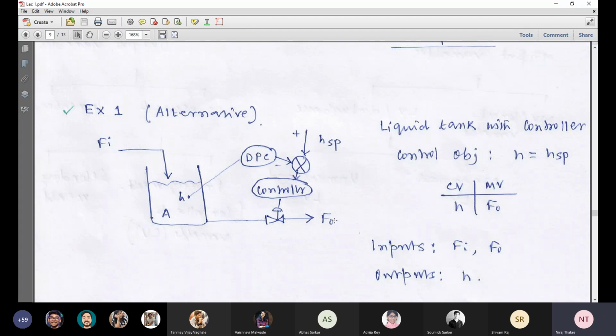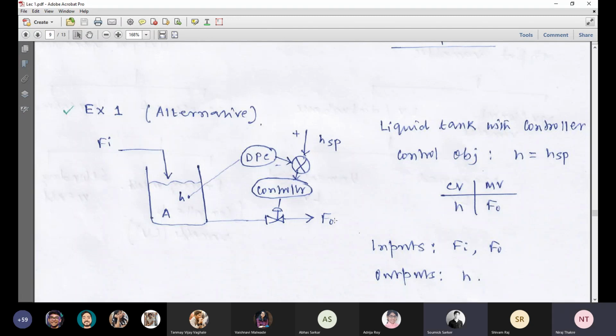If you do not have any question, you tell me why F0 is considered an input. You see, I have written F0 under input. Why?